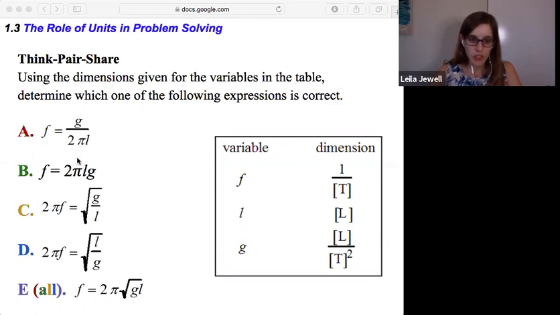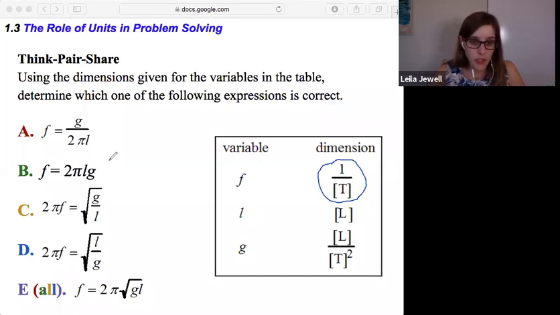The simplest one to me is to start with multiplication, because then I don't have to worry about fractions as much. So first off, the f is always going to be 1 over time. So we're always trying to get to 1 over time on the left side. On the right side, we have 2 pi. That doesn't have any dimensionality, no units with it.